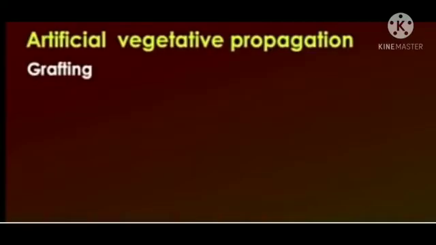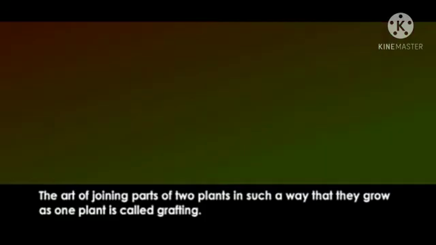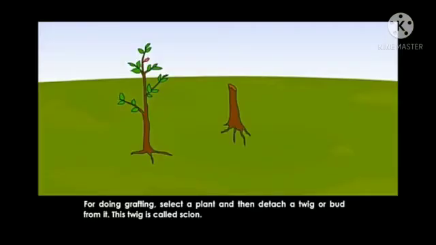Now, the third method of artificial vegetative propagation is grafting. Grafting is carried out a lot by gardeners and growers of trees and shrubs. The art of joining parts of two plants in such a way that they grow as one plant is called grafting. For grafting, select a plant and then detach a twig or a bud from it.